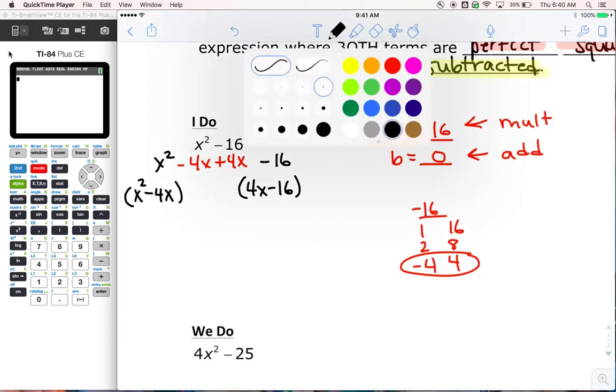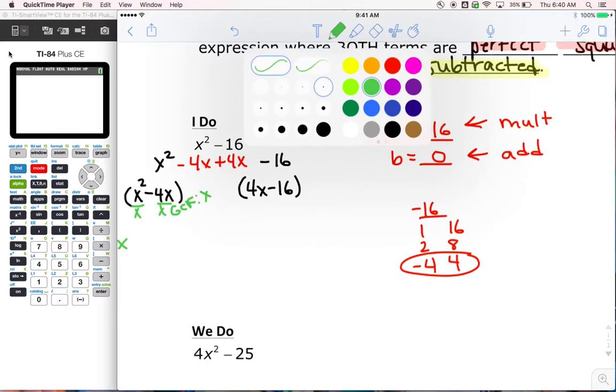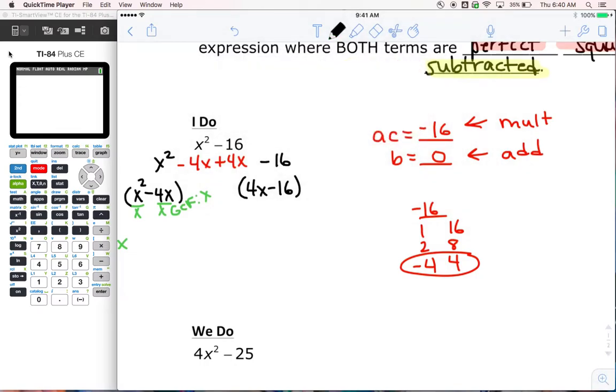Then we go about finding a GCF. For this first group, my GCF is just x. That's all they have in common. So I'm going to put x outside. Once I divide out an x from each term, I'm left with just x minus 4. Then I look at my second group. My GCF for my second group is 4, not 4x, because 16 doesn't have x.